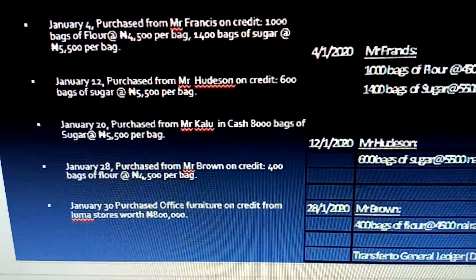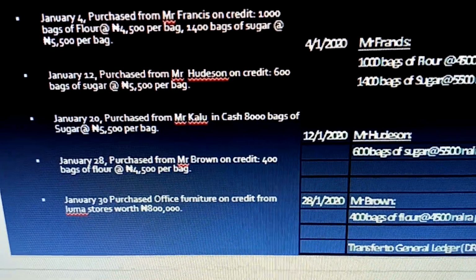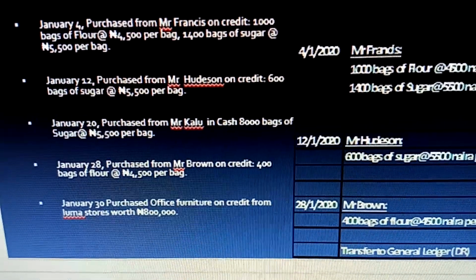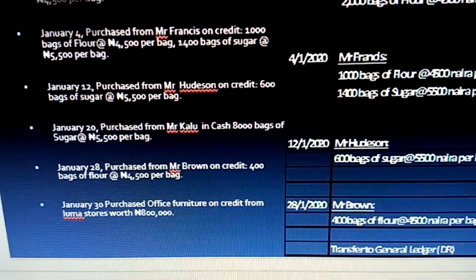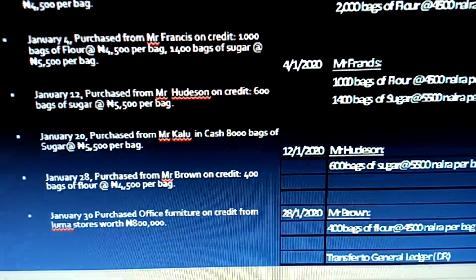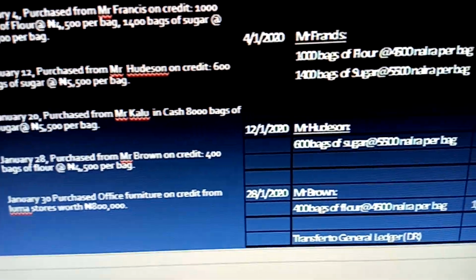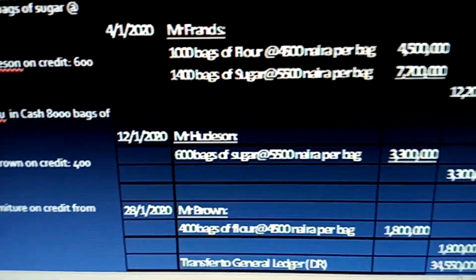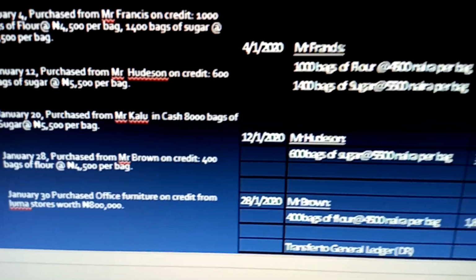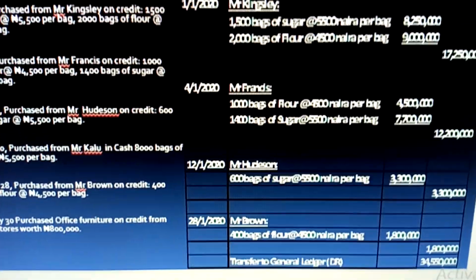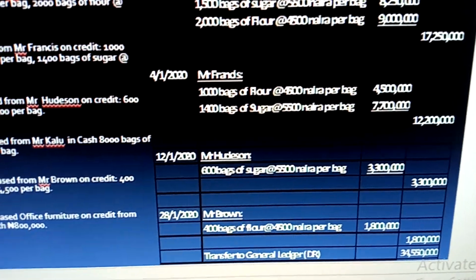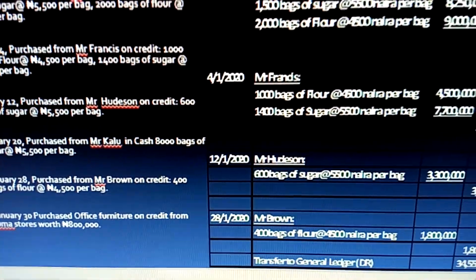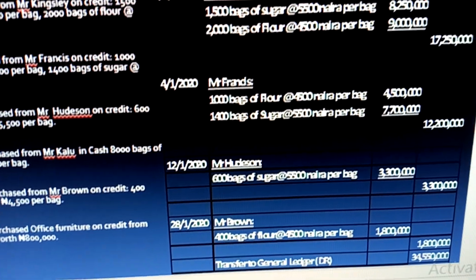As a result, and because it is a specific book, we are not to record this purchase in the Purchases Day Book. So under examination condition, you are not expected to record this type of transaction in the Purchases Day Book.